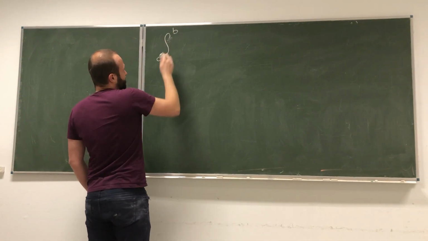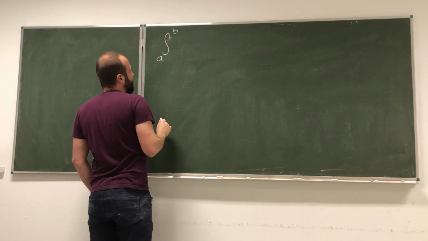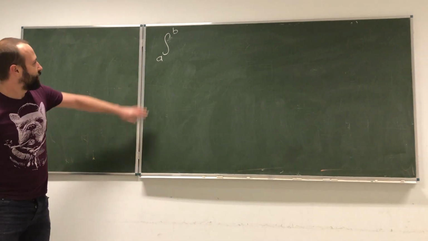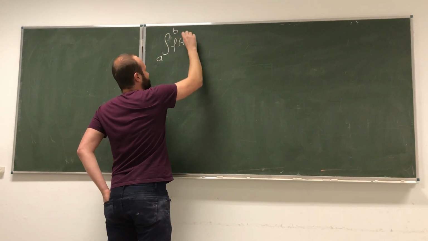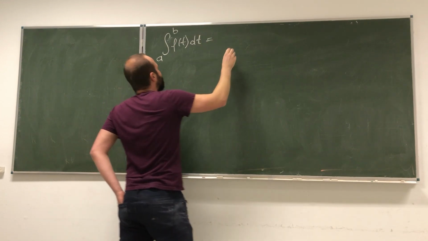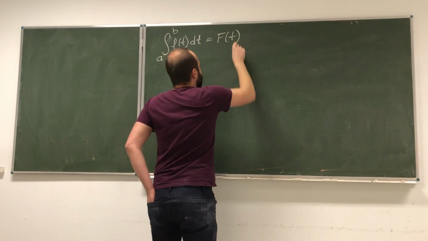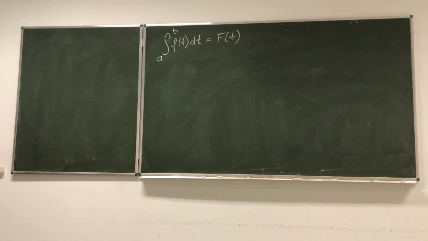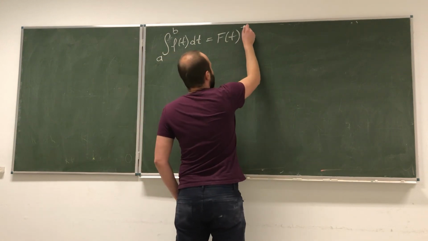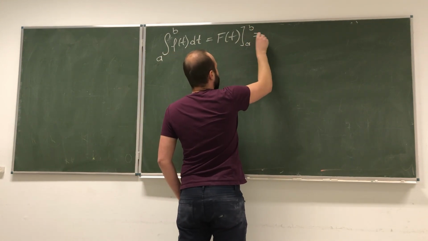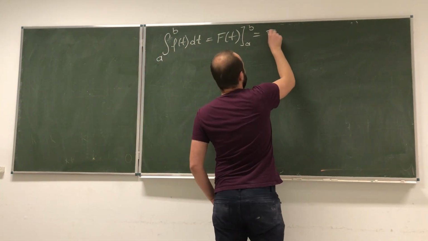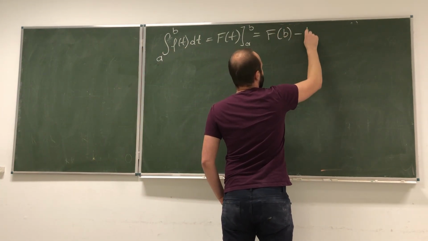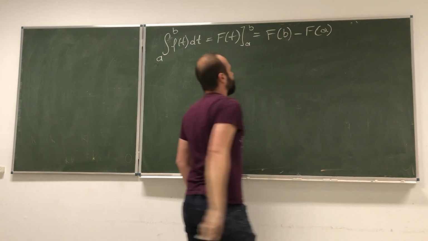And look, the definite integral with lower limit a and upper limit of integration b out of f of t dt is given by F of t. So once we calculate the indefinite integral, we just put it here and we put a and b over here. And finally, to calculate the area, we just substitute the values b first and then a second.